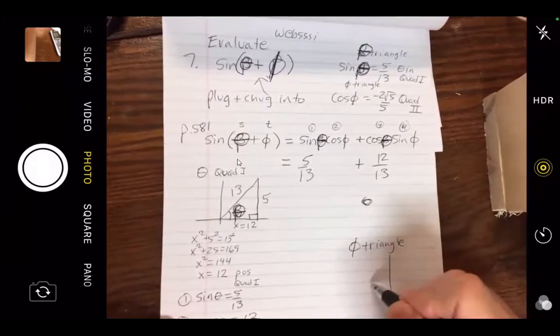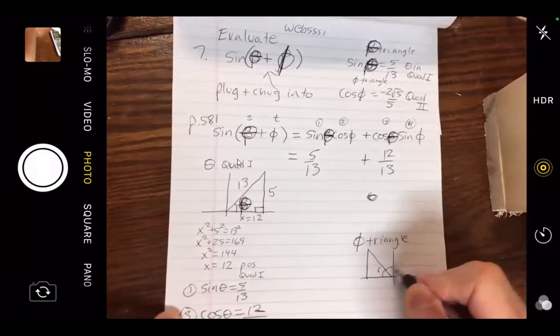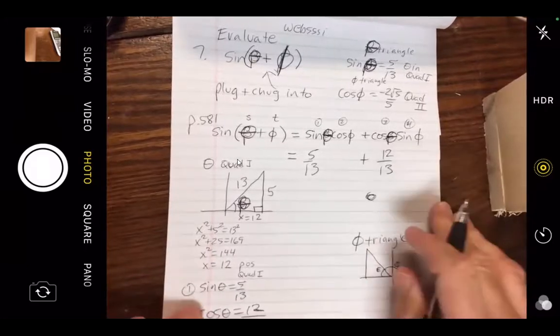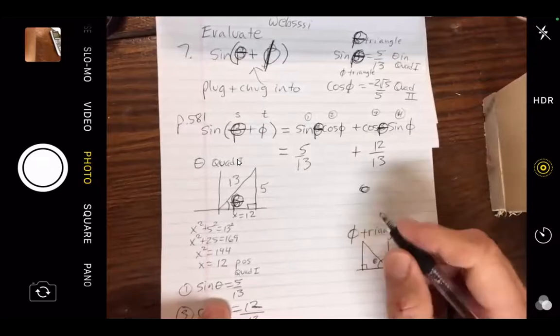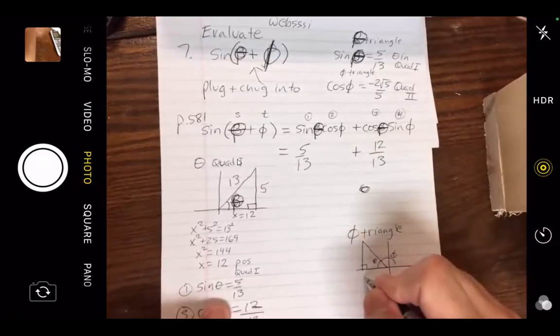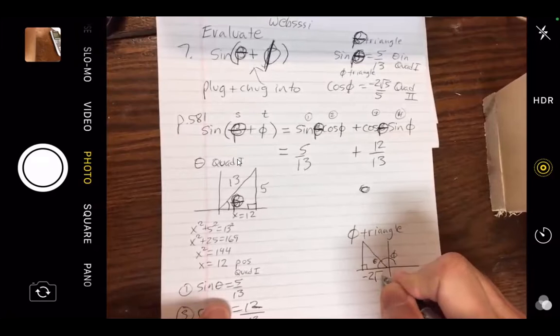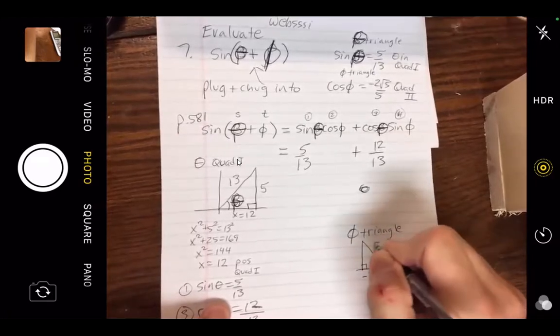That's quadrant 2, and this is phi. The cosine is adjacent, so that actually is going to be the negative 2 root 5, and the hypotenuse is 5.